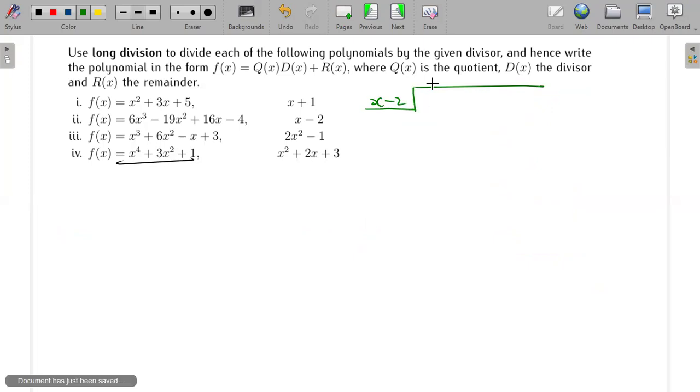So next we have 6x cubed minus 19x squared, and then plus 16x, then minus 4. Right. So now you divide that x into there, you remain with 6x squared. Then you multiply there, you're going to have 6x cubed.